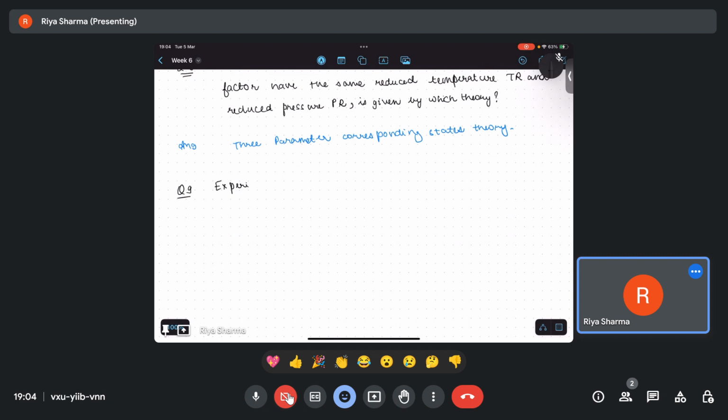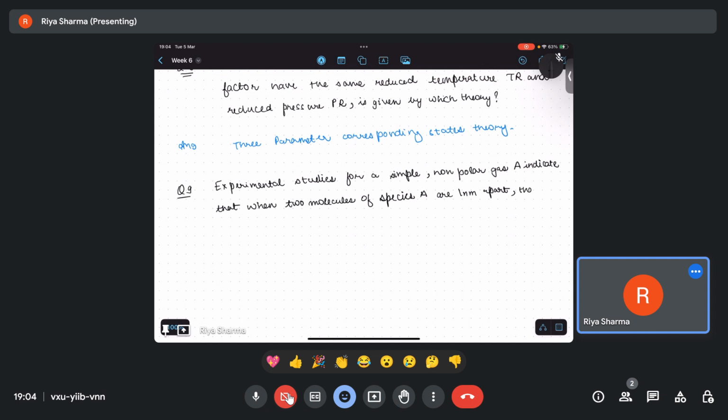Experimental studies for a simple non-polar gas A indicate that when two molecules of species A are 1 nanometer apart, the force of attraction is 2 into 10 raised to the power minus 8 dyne.